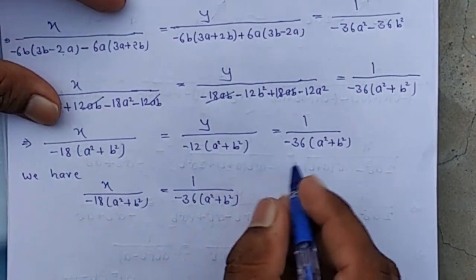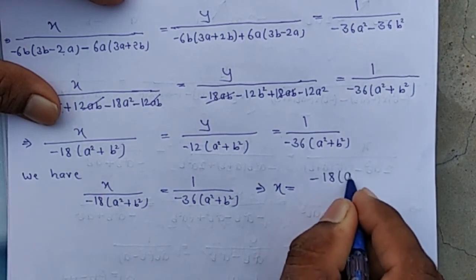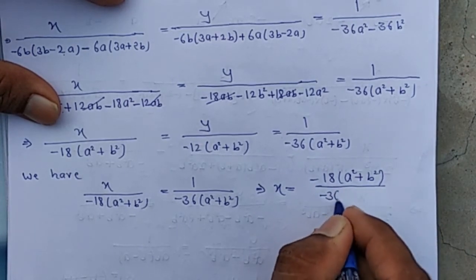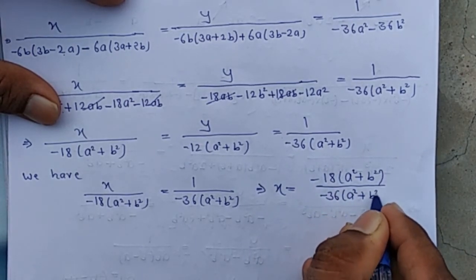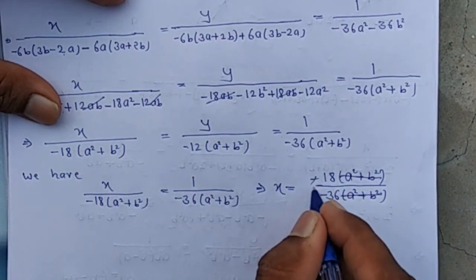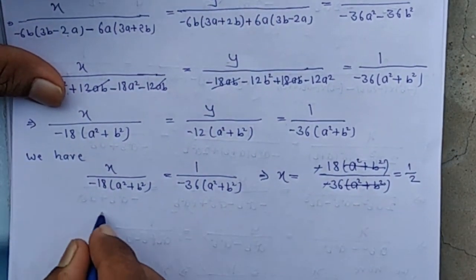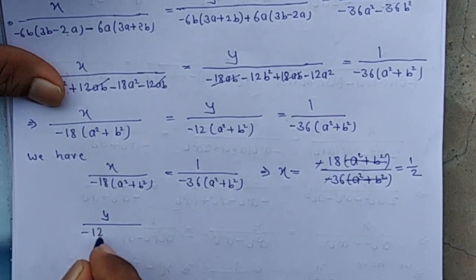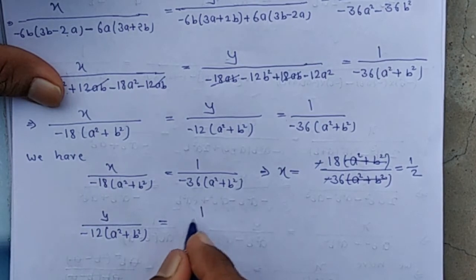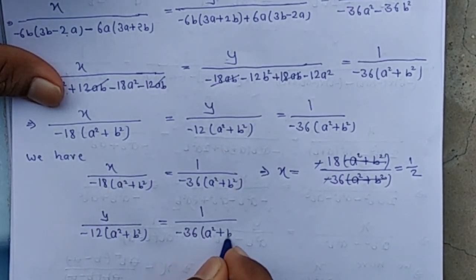Then the value of x equals minus 18 a square plus b square by minus 36 a square plus b square, cancel out, 1 by 2. Now y by minus 12 a square plus b square equals 1 by a square plus b square.